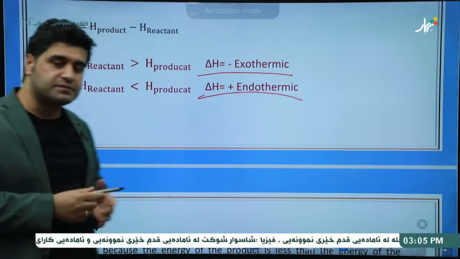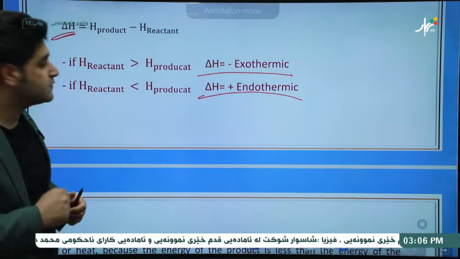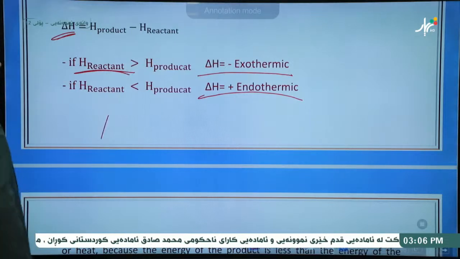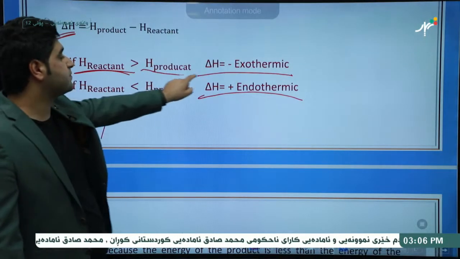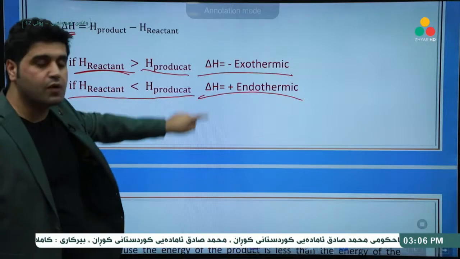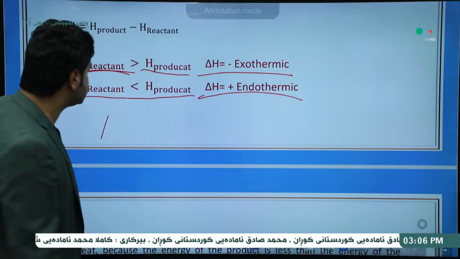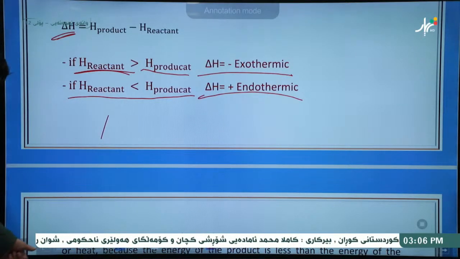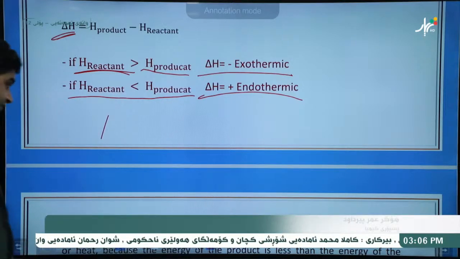If the energy of the reactant is higher than the energy of the product, it's exothermic. But if the energy of the reactant is lower than the energy of the product, the reaction is going to be endothermic.